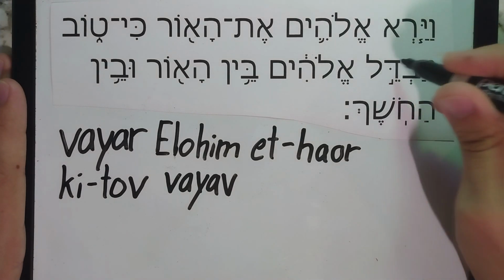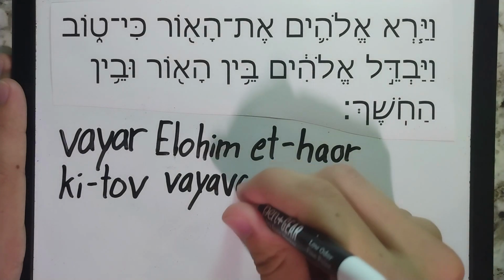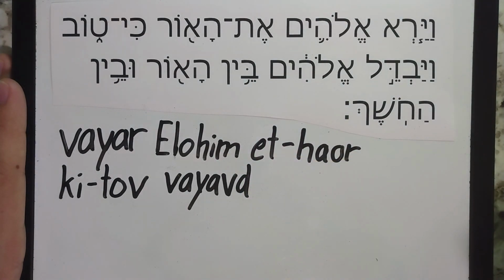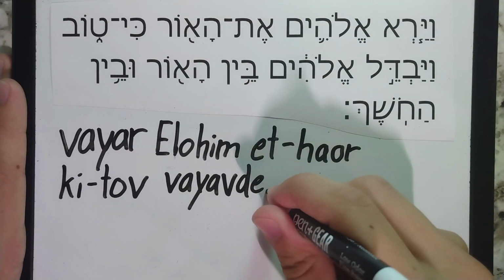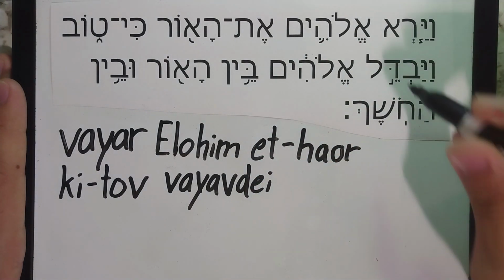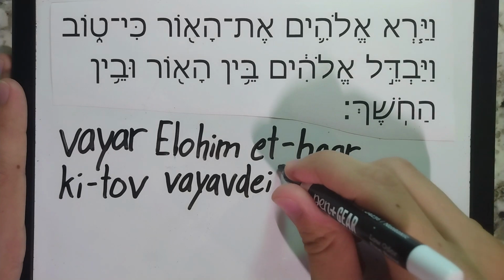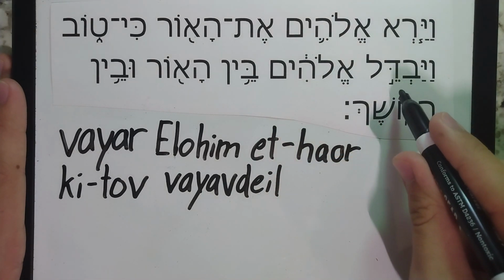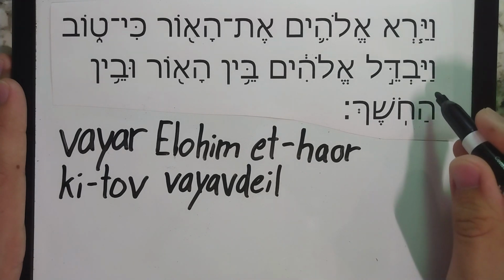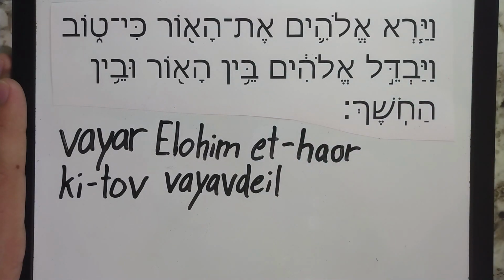After that, we have a letter dalet. Dalet makes the d sound. And under the dalet, we have a tsere, which says a. This word ends with a letter lamed, which makes the l sound. And we see that the accented syllable is this dal. So this is vayavdel.